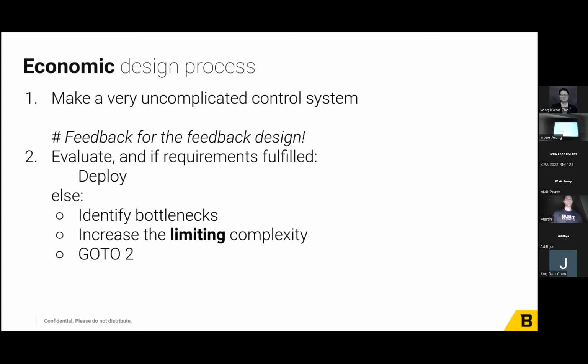It's not trivial to come up with the right requirements for deploying, but if it's a good controller, then of course just use it. Otherwise, if it doesn't work, identify the bottlenecks and increase the limiting complexity. Limiting here is very important. If it doesn't work, should I sample more often? Well, yes, if that's the bottleneck. And then go to step number 2 again.